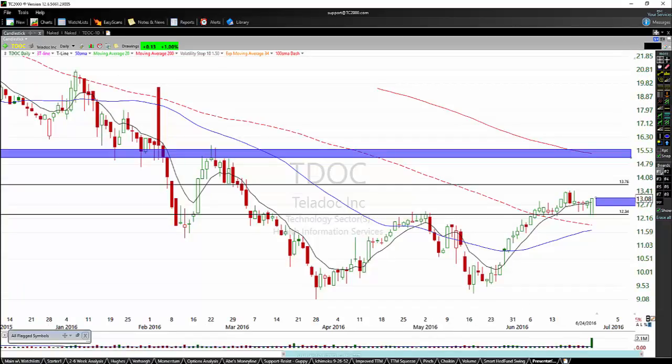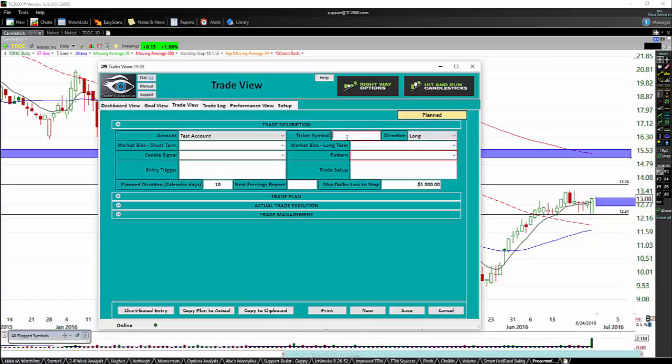So then, if we pull up Trader Vision, we can enter TDOC for the test account. For a long trade, we would say that the short-term market bias is range-bound and that the long-term market bias is below its 50-day moving average, and that 50-day moving average is flat.